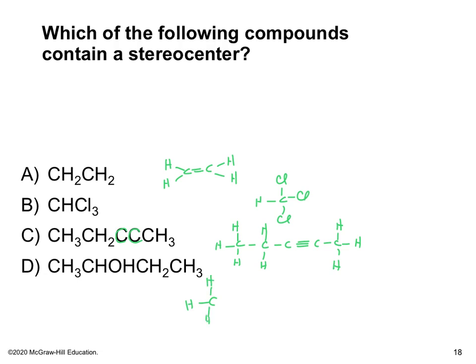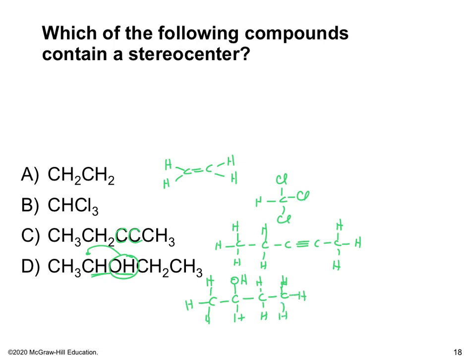If you're having trouble with this, then you need to go back to Orgo 1. CH, and then OH would be bonded to the carbon, and then CH2, CH3.